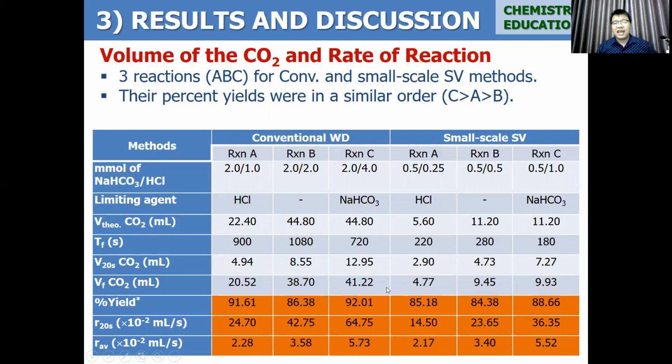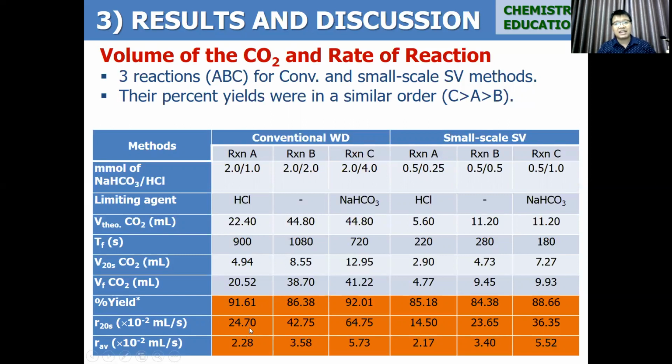And for the rate of reaction, we study the rate at 20 seconds instead of the initial rate for easy calculation.